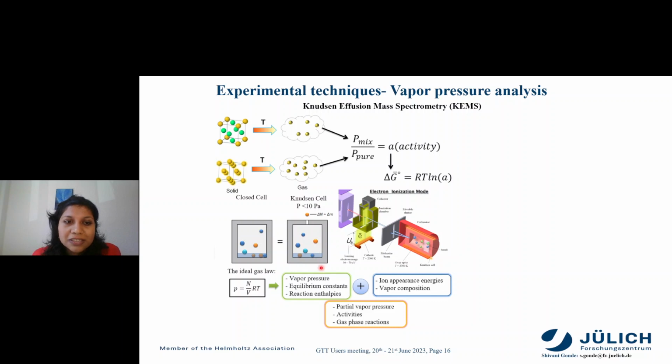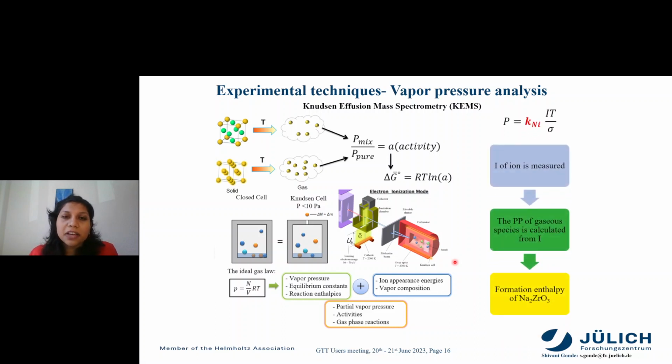So there is always an equilibrium maintained between the condensed phase and the gas phase, and only very few molecules can escape. So this maintains near equilibrium conditions, and at different temperatures, the gaseous species can be ionized, and this can be studied using mass spectrometry. In this manner, we can study vapor pressure and other thermodynamic properties.